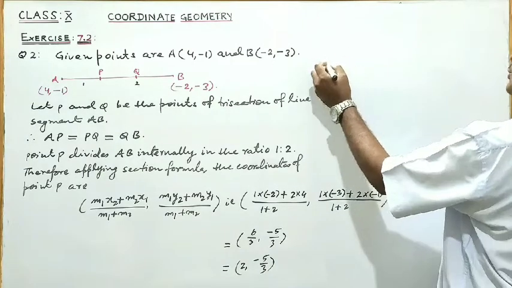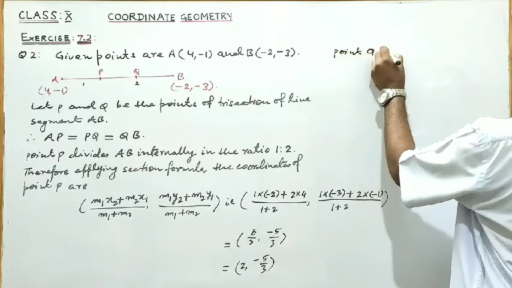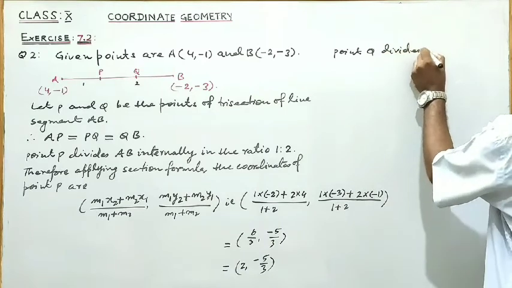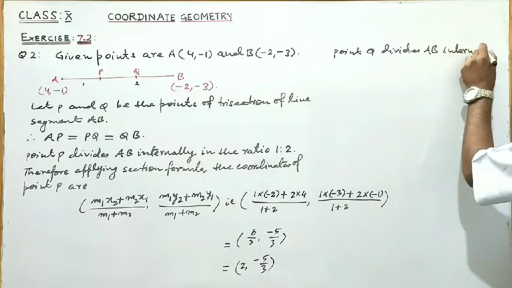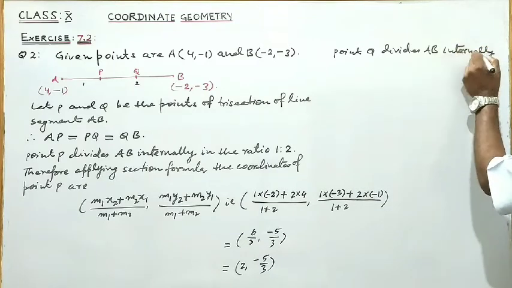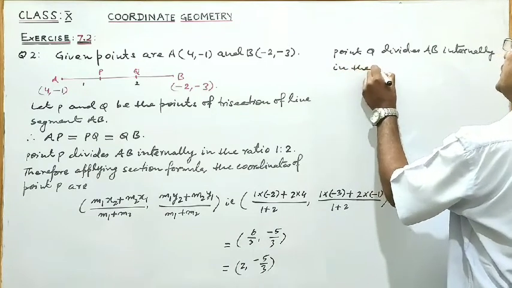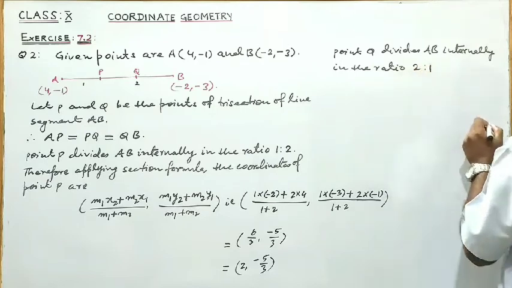Point Q divides AB internally in the ratio 2:1.